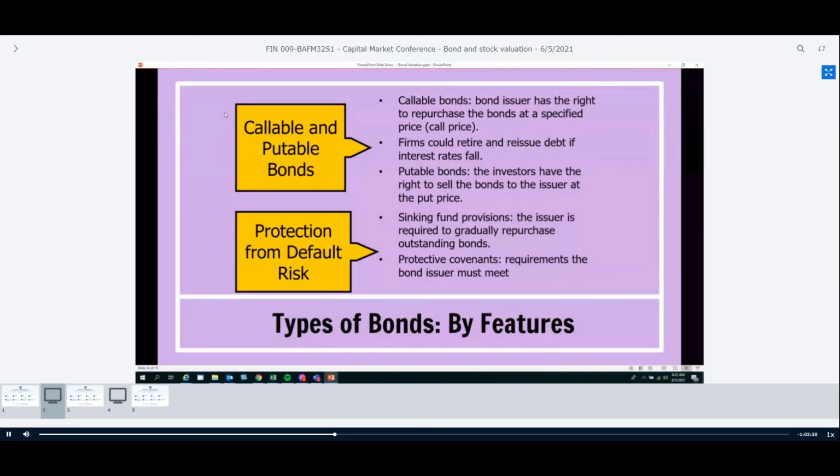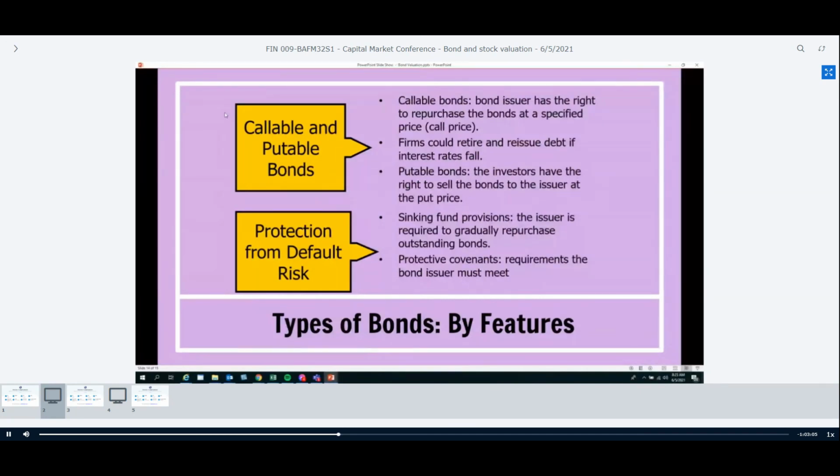It's just like this. When we say callable or putable bonds, basically there's a part of the agreement where you can repurchase it, no? Of course, at a future specified price, no? It could happen within the secondary market, but like I said, it depends on the agreement.